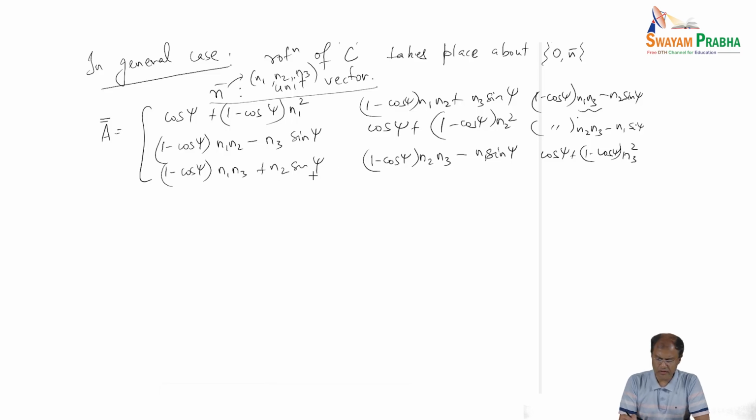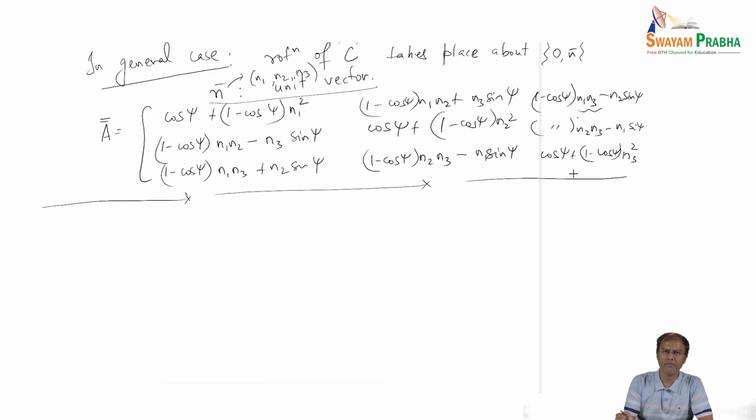Okay, so this is the general rotation matrix. We have some examples. I think I can quickly show the example, but we may not solve it right away. But the solution method is easy.